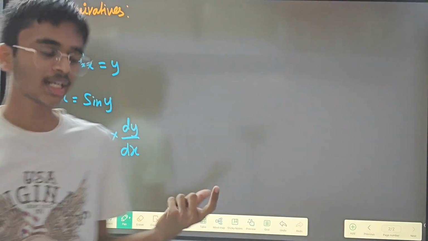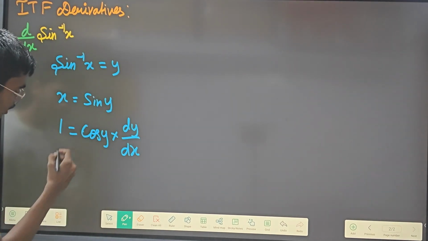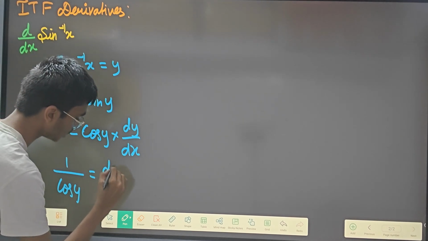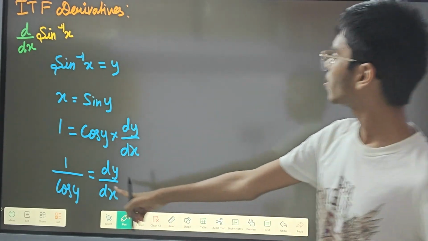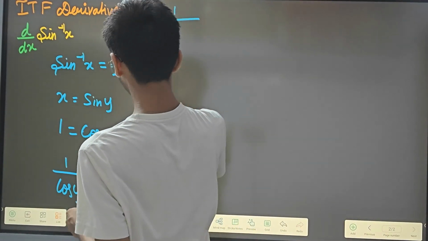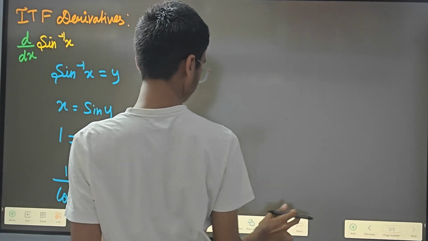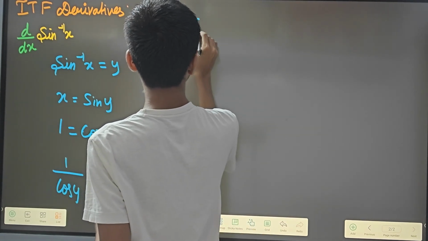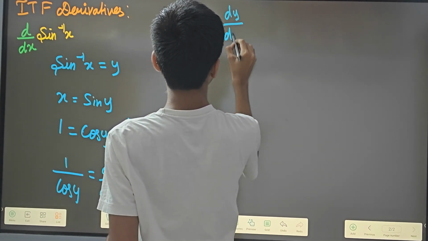Okay, so this one you got right. Now what you are going to do is bring it over here. So 1 by cos y is equal to dy by dx. Okay, so what is cos y? The relation between cos y and sin y is what that you have to write here. So 1 by root over 1 minus sin square y is equal to dy by dx.